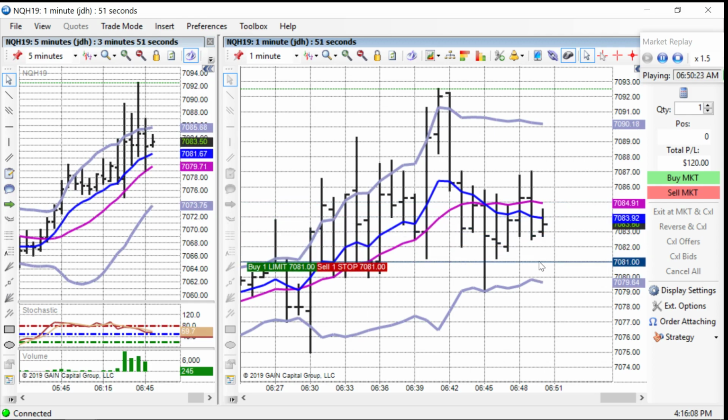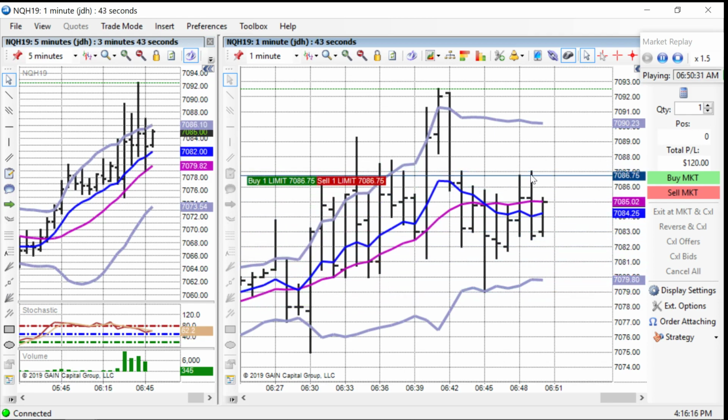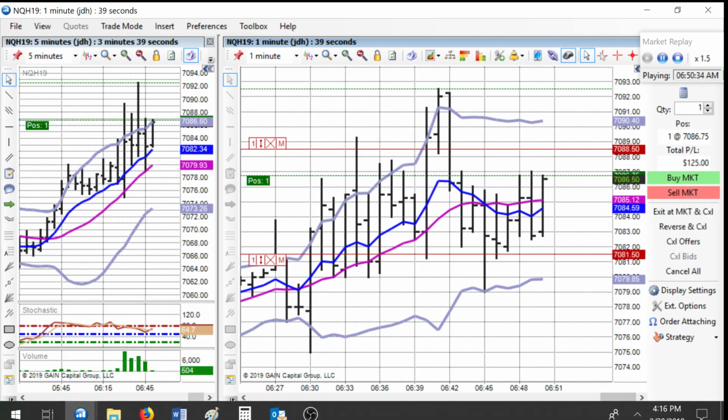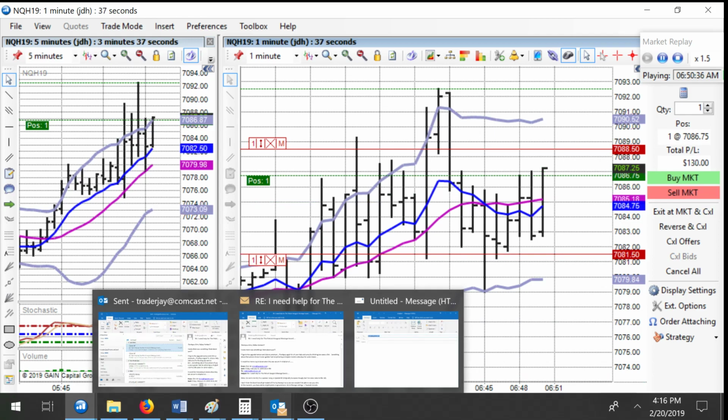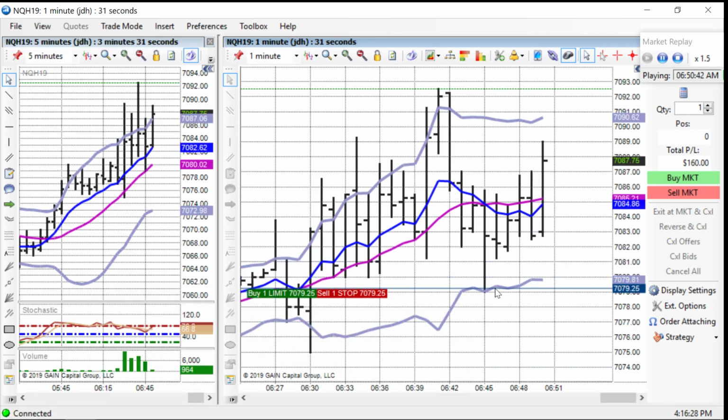I don't see it moving down to make a lower number 3 point. It's trying to move up and take out the number 2 point here. Okay. Yep, got that.